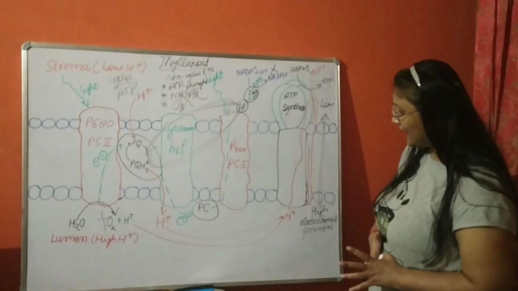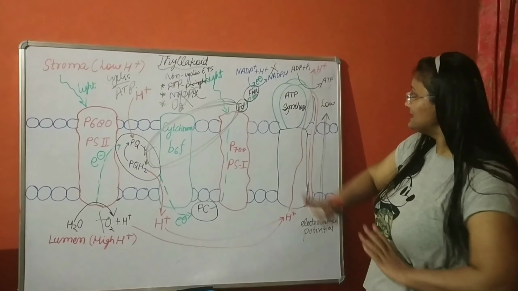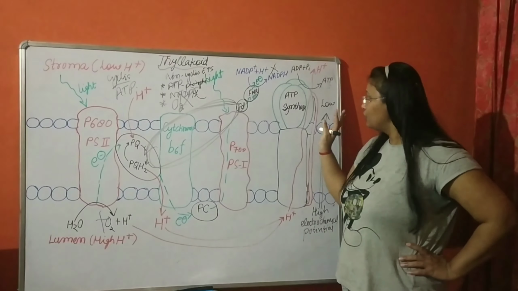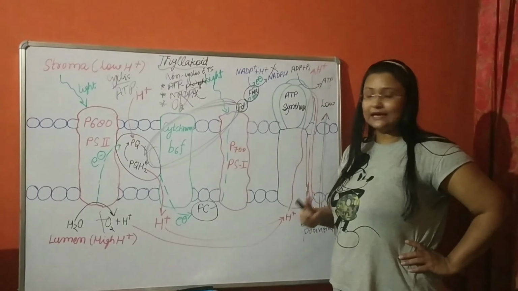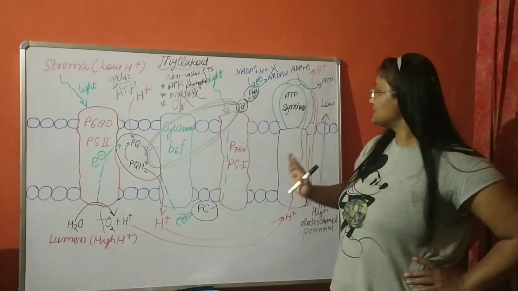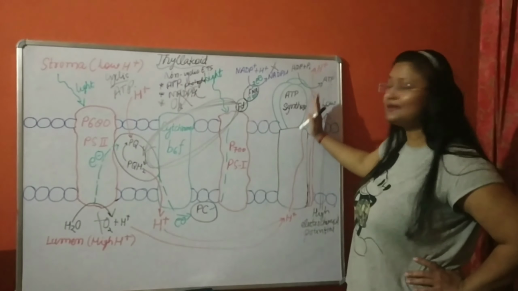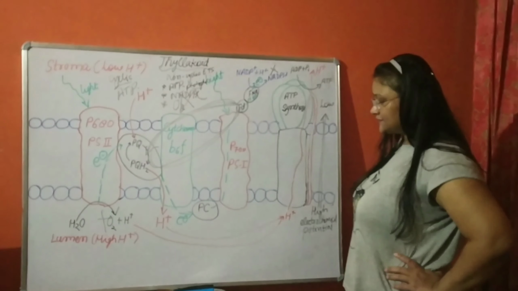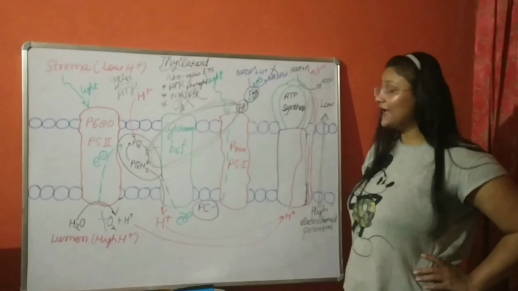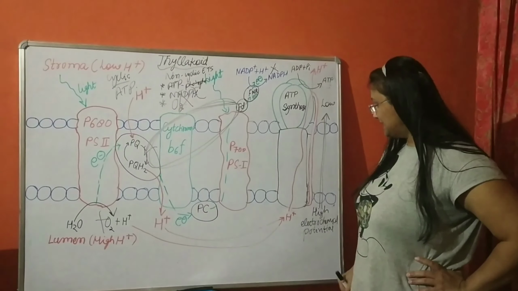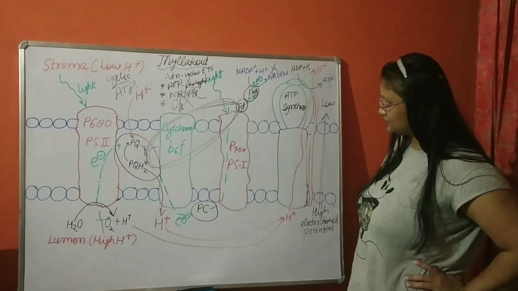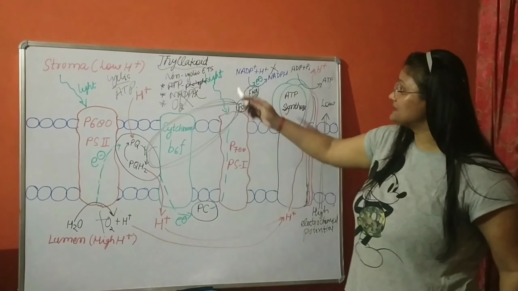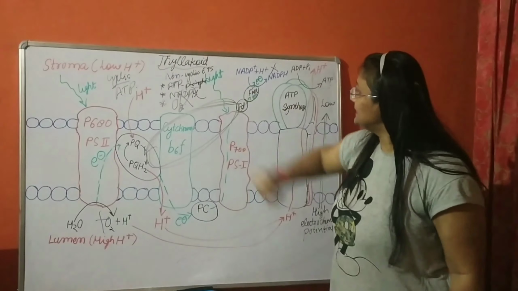So I hope I have discussed all the aspects. In this one, I didn't explain exactly much about how the rotor is rotating and everything, because if you want to watch exactly how ATPs are formed, you can watch my previous videos based on mitochondria. In those videos, I have very well explained it in detail, much more detail than this one. So we discussed cyclic ETS and non-cyclic ETS, right?